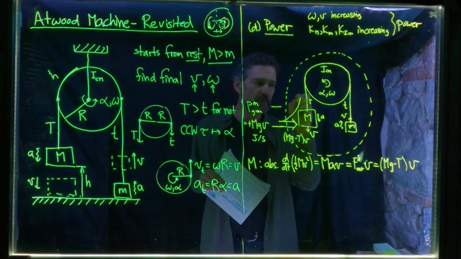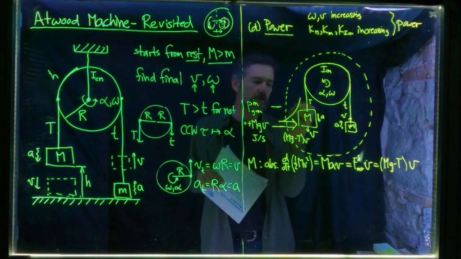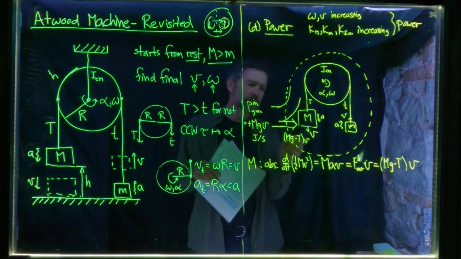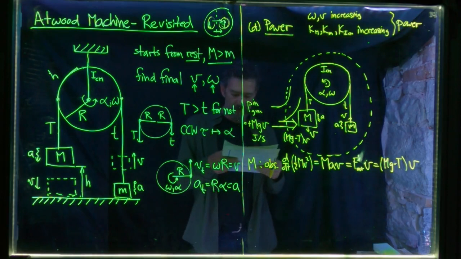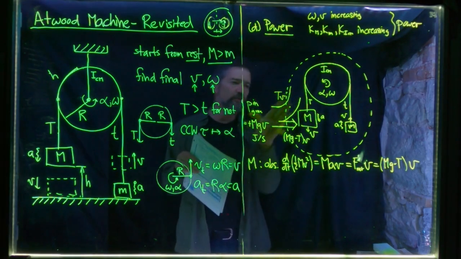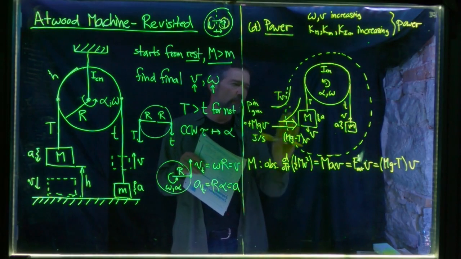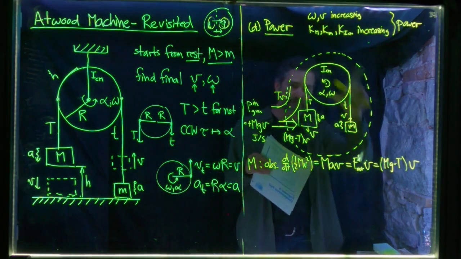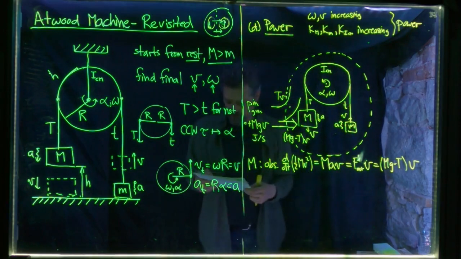And that flows up along this rope under tension T. So this amount that's left over is Tv. That's the rate of energy flow, the number of joules per second flowing along that rope into the rest of the system. Okay? Okay, great.